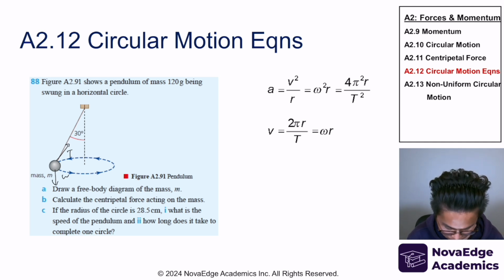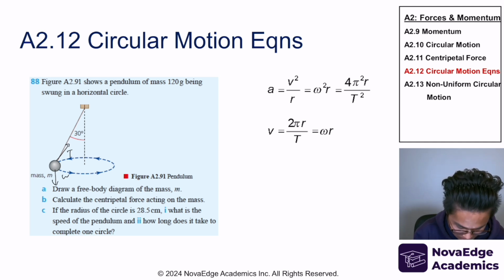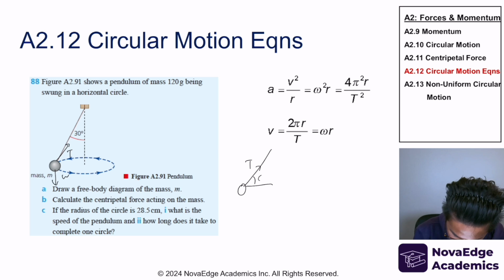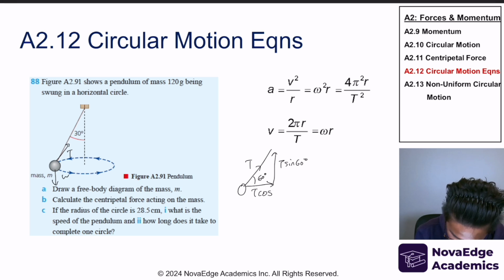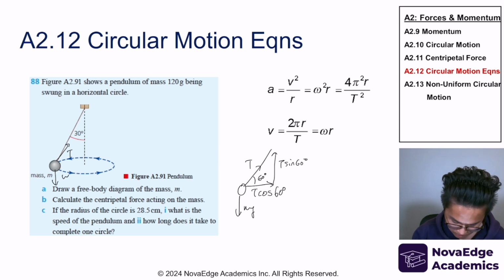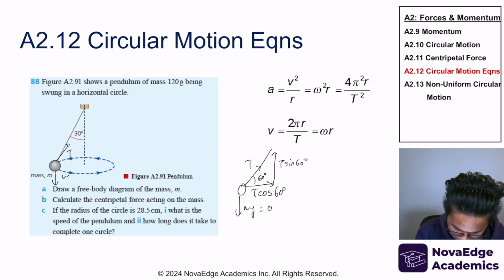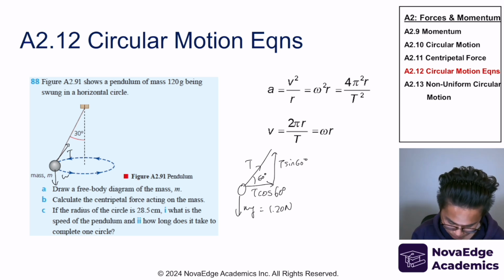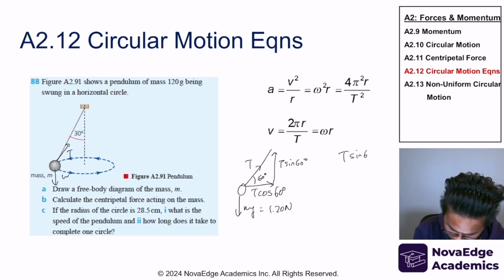Part B, calculate the centripetal force acting on the mass. Well, if this is 30 degrees, let me put it here. This is 60 degrees, T sine 60, T cos 60, and mg, which is equal to 1.20 newtons. So I can first do T sine 60 is equal to 1.20.